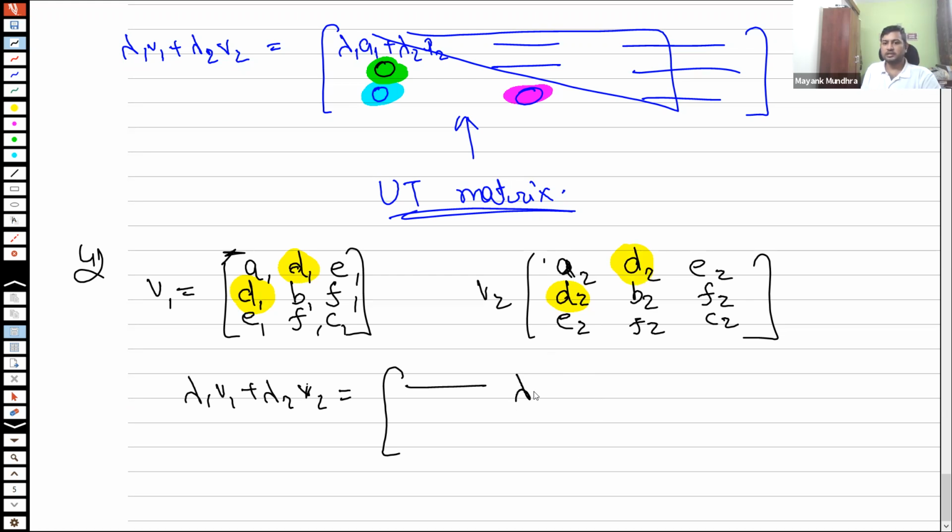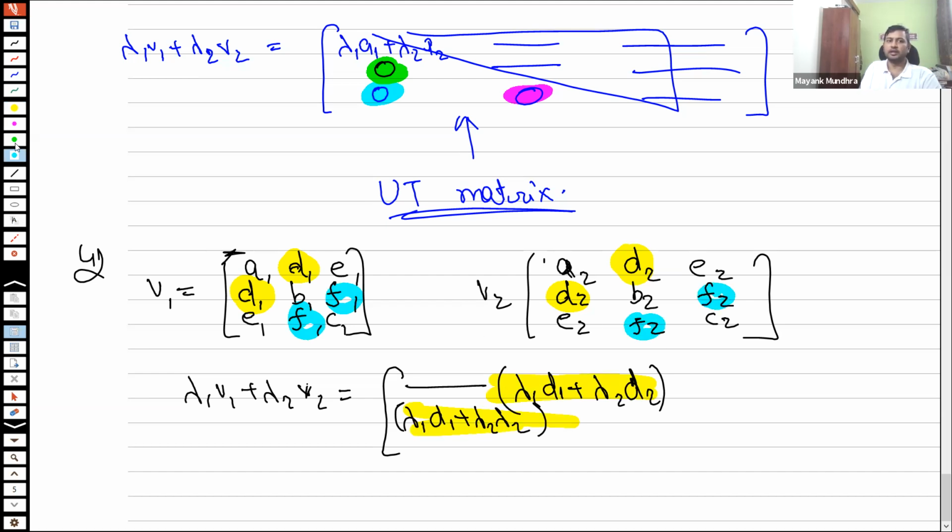The important thing is lambda 1 D1 plus lambda 2 D2. This is what you get here. And what you get here is also lambda 1 D1 plus lambda 2 D2. So these two entities are going to be equal. And the same will hold for positions like these and then E as well.